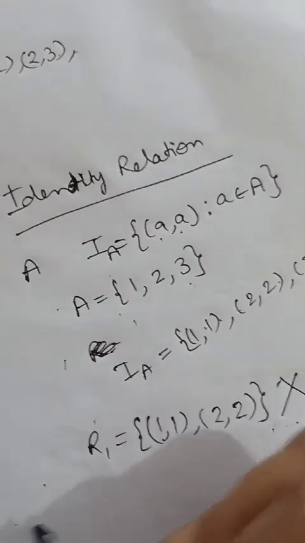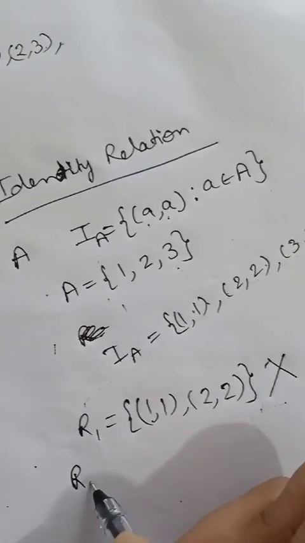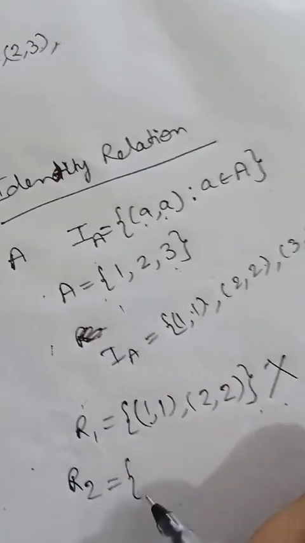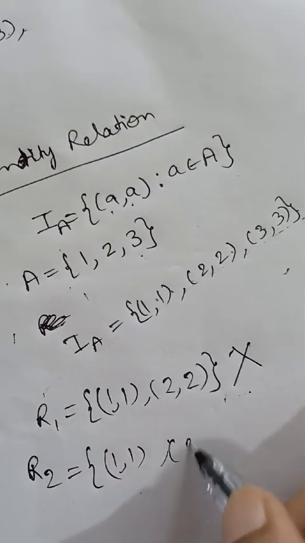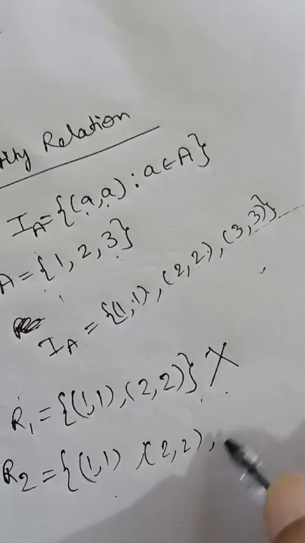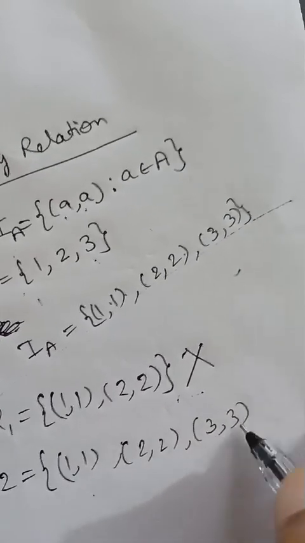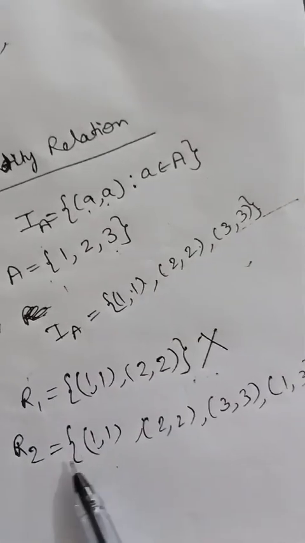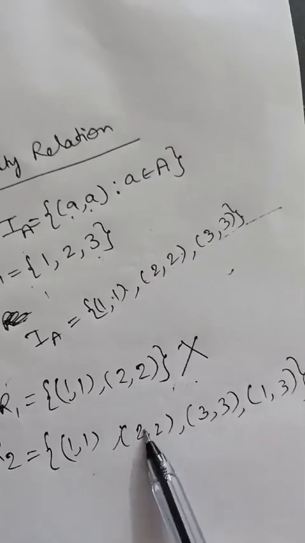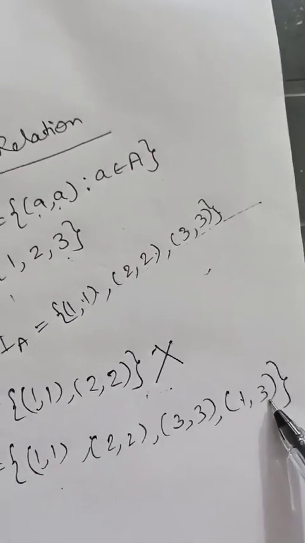And if in some case you have, let's take this as R2, (1, 1), (2, 2), (3, 3) and suppose (1, 3) as well. You can see 1, 2, 3 are related to themselves, but 1 is related to 3.